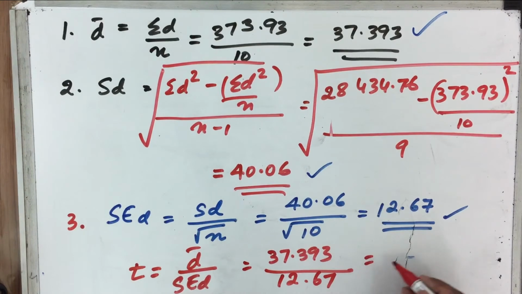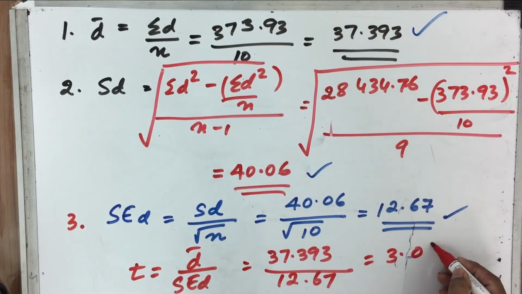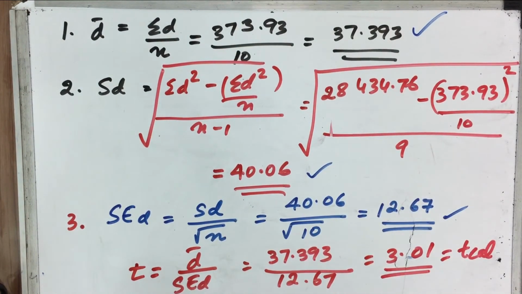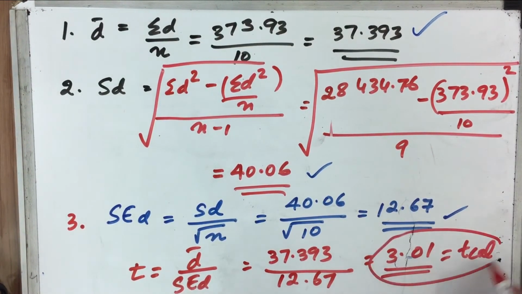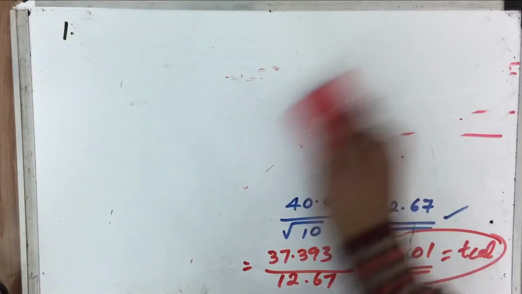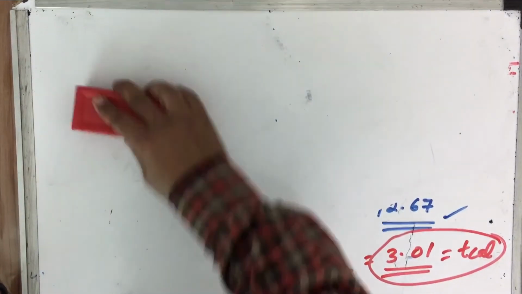So we get a reading of 3.01. Okay, the T calculated value is 3.01. So this is important for us. So let us rub this to create a little space and let us explain the remaining.